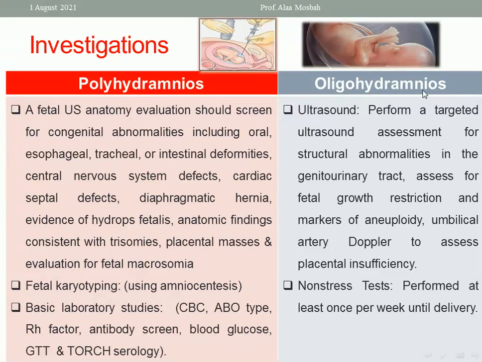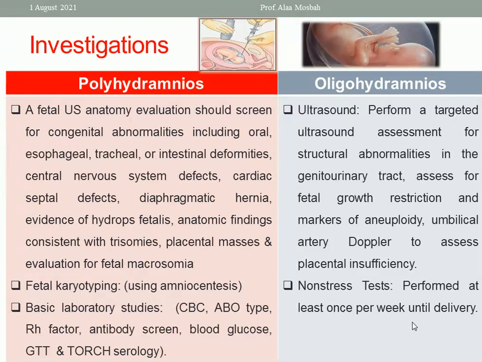What about oligohydramnios? On the other side, ultrasound is also very important and targeted for structural anomalies in the fetus. As regards the urinary system, as we said before, it is very important, and we assess fetal growth restriction and the markers of aneuploidy.